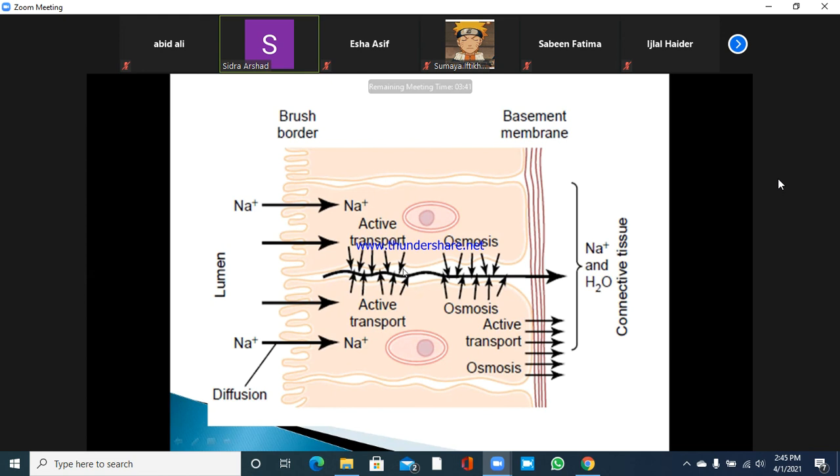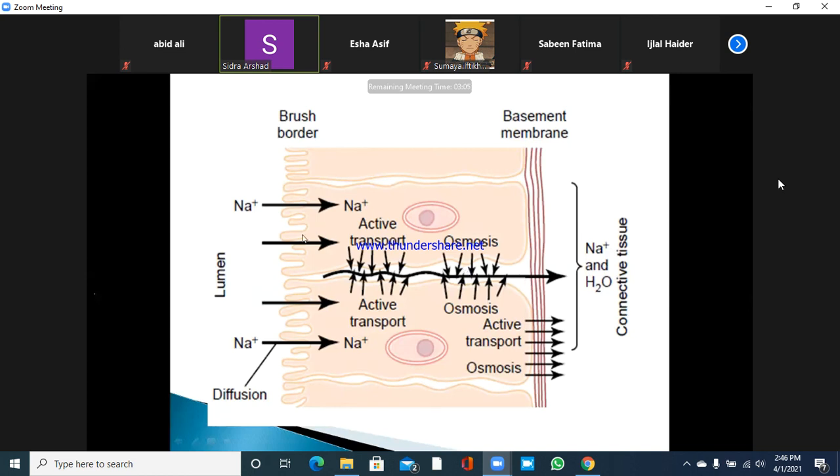So at the basolateral sides, the active transport of sodium ions is taking place, right? So when the sodium ions are moving into these intercellular spaces, the water molecules move along with it because of the process of osmosis, right? So this osmosis and active transport is taking place on the lateral sides and on the basal sides. You see, active transport and osmosis, that is causing the movement of sodium and water out of these cells.